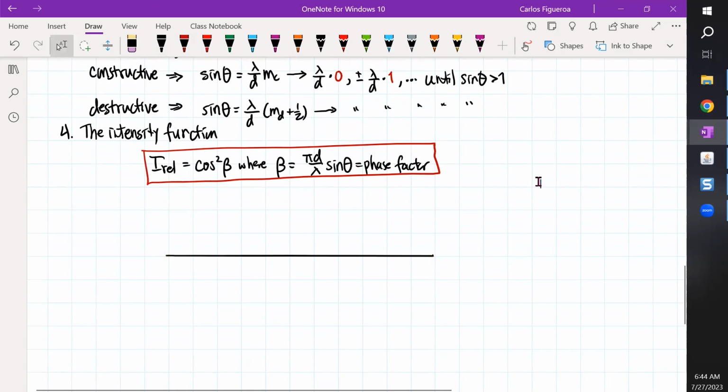So if I look at this, let's say that this right here is going to be my relative intensity. Then I'm going to produce one interference maxima here, and let's say that I do this type of thing.